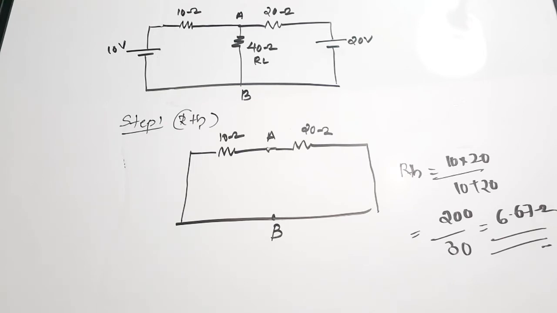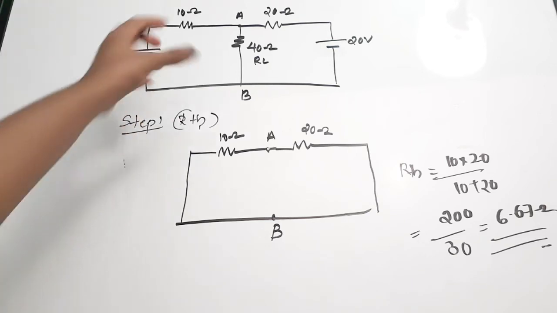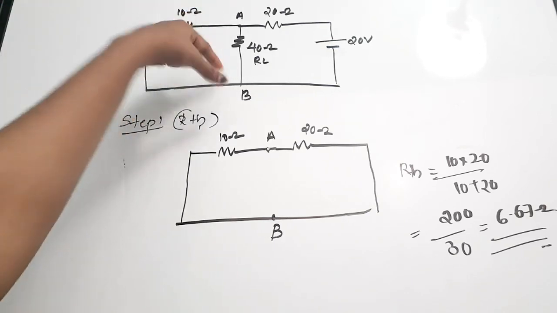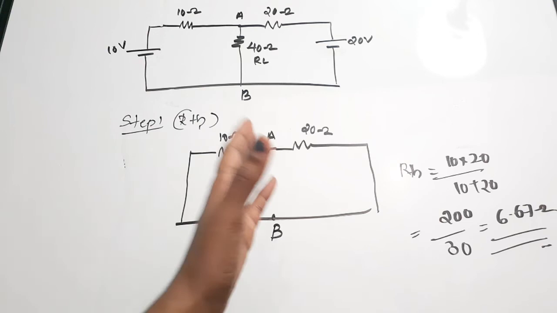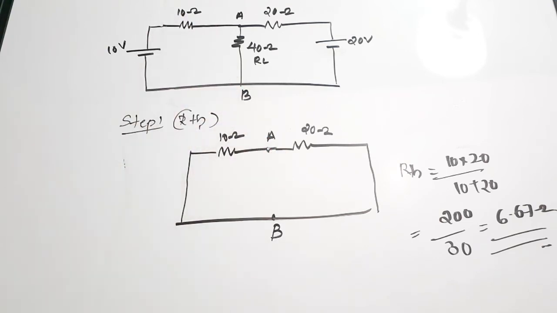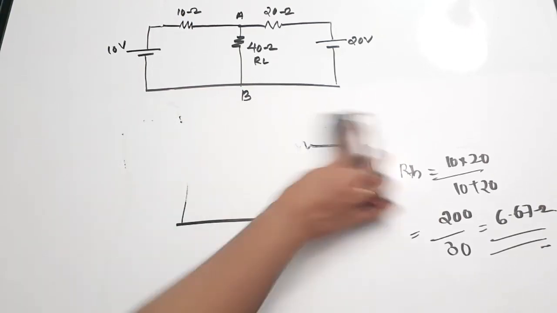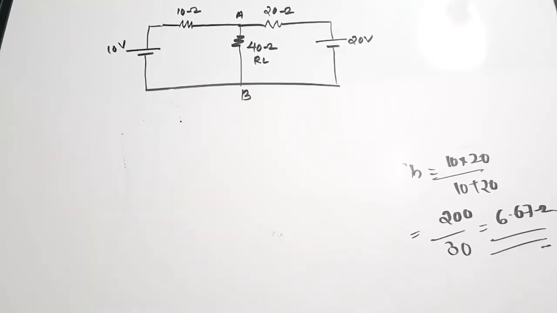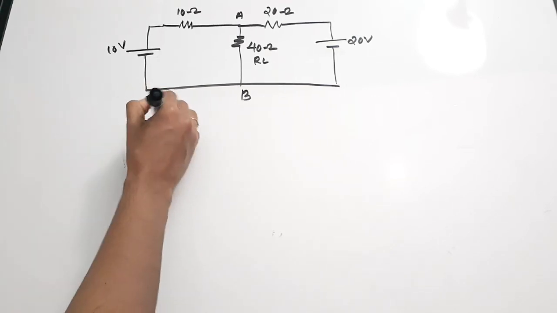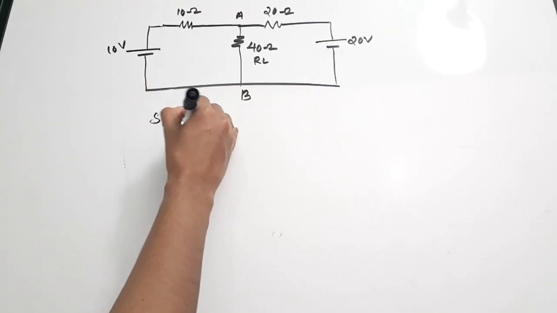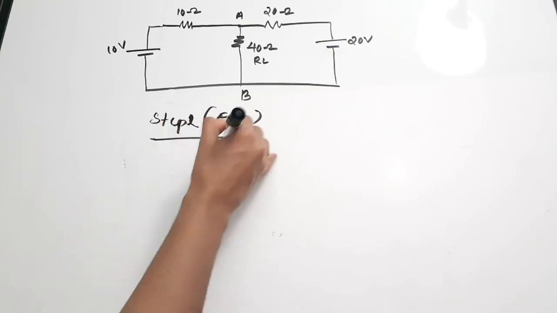Next, our aim is to find the Thevenin's equivalent voltage. Thevenin's equivalent voltage is again the voltage which is coming at this point between A and B. So why we are naming A and B is because we need to find the voltage and the resistance looking from that point. So in step 2, we are going to find the Thevenin's equivalent voltage, ETH.